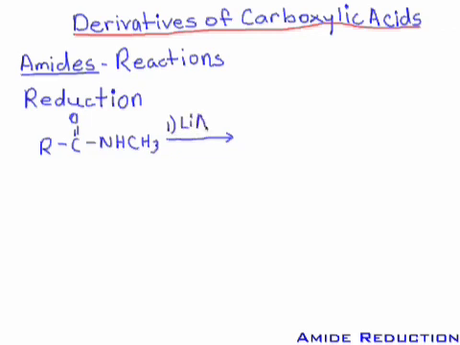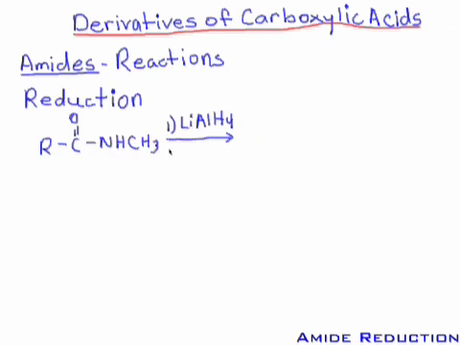Lithium aluminum hydride is a powerful reducing agent, and you need that power to reduce a carboxylic acid derivative. It's usually reacted in a solvent, so you often see ether written here. But even if ether is not written, you assume ether to be there.